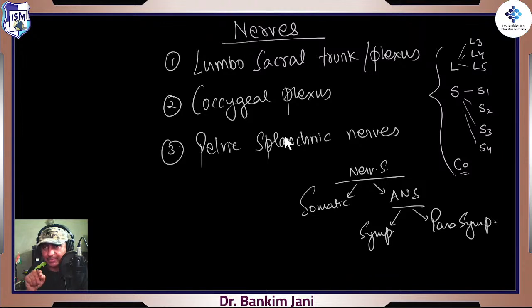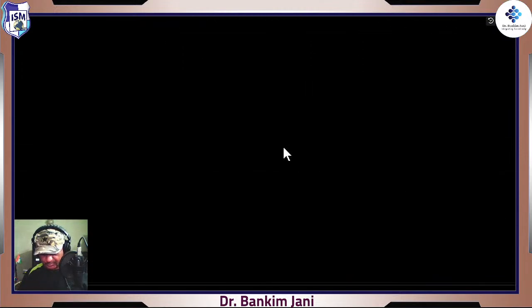White ramus communicants will be carrying those preganglionic fibers and they will land into the sympathetic chain, and in sympathetic chain there are ganglia and then there start the postganglionic fibers. But let's draw it, right? It would not take much time, but this one concept will make the rest of the plexus absolutely easy.